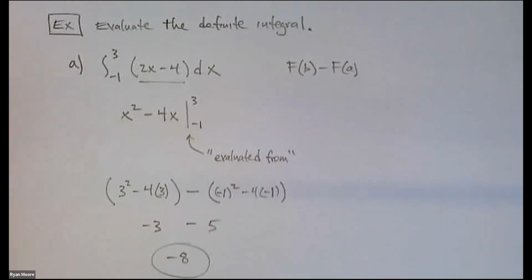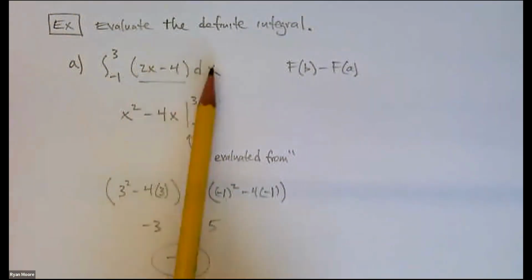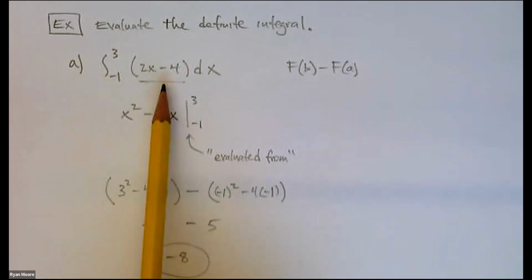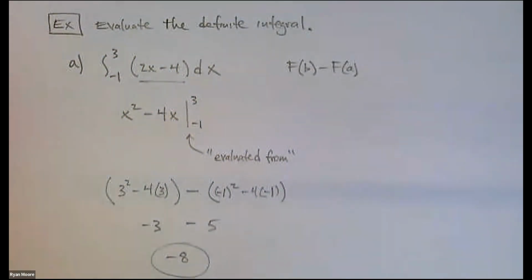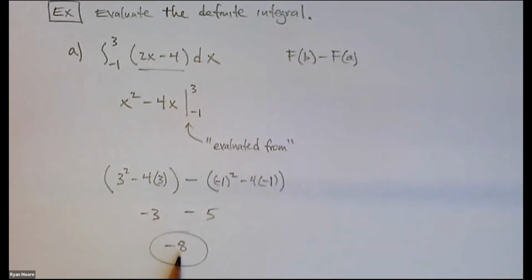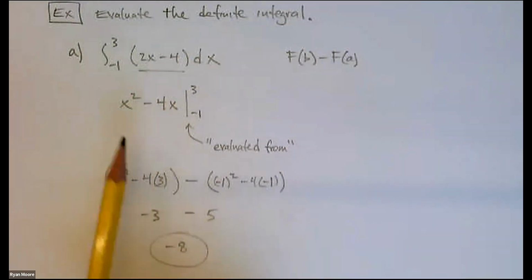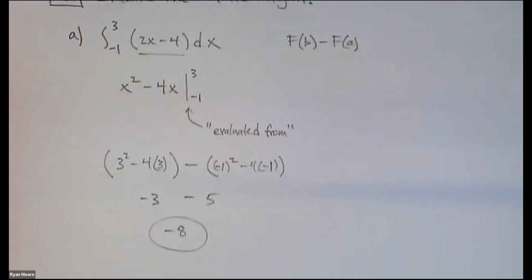Okay, so it turns out, I don't know if you recognize it or not, we did this very definite integral as one of the long examples for the limit of the summation back in 5.2. And it took quite a bit of work, but we got that same answer, -8. Here we go. I mean, antiderivative, plug those in, boom, done.